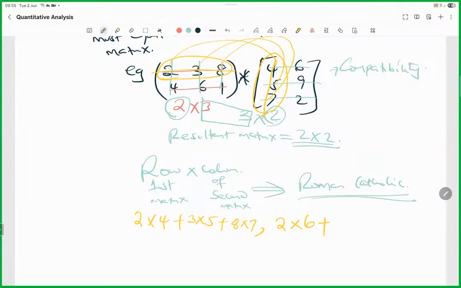So second ones, what do we have here? 3 by 9. Now multiplying this with this. 2 by 6 plus 3 by 9, sorry. Let's go back a little bit. 2 times 6 plus 3 times 9 plus, ladies and gentlemen, 8 times 2.